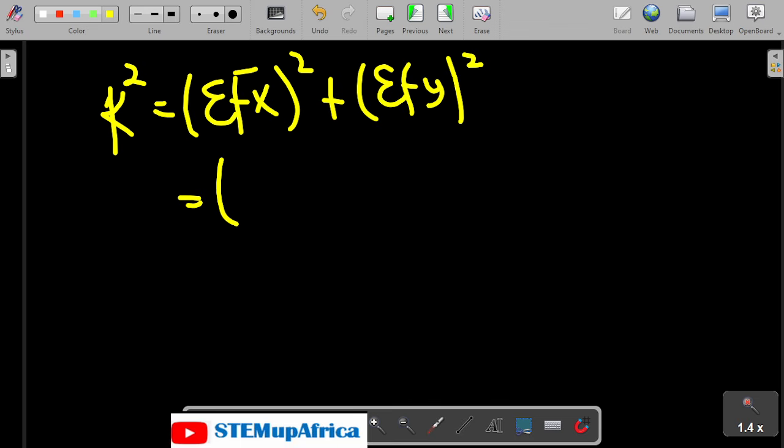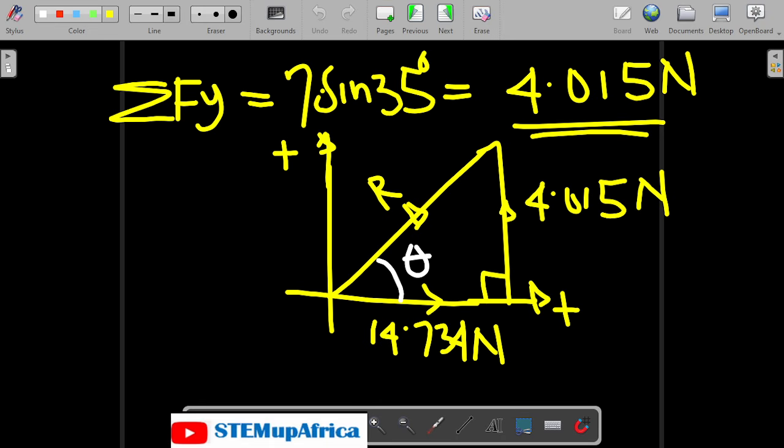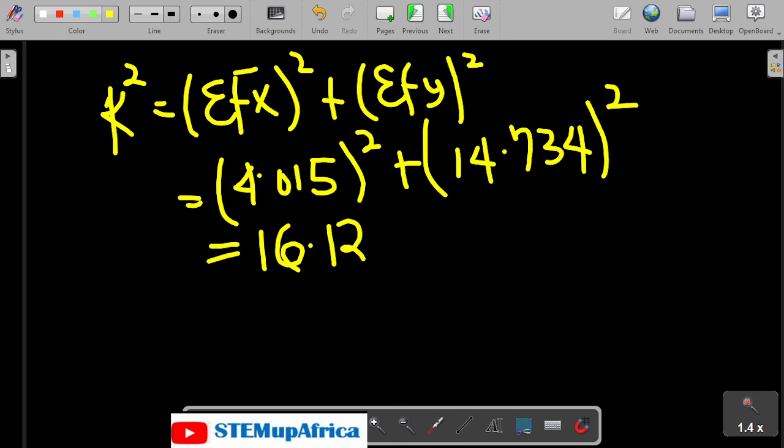What is that giving to us? I'm having 4.015 squared plus 14.734 squared. If I square the first value, that will give me 16.1205, plus 14.734 squared, that will give us 217.09.